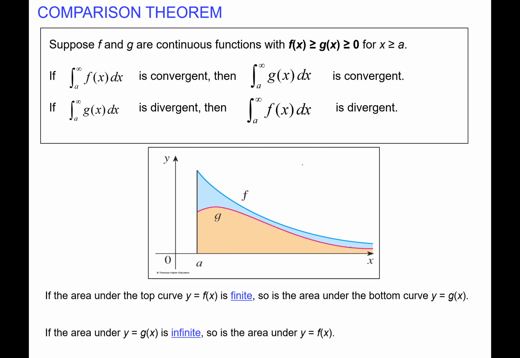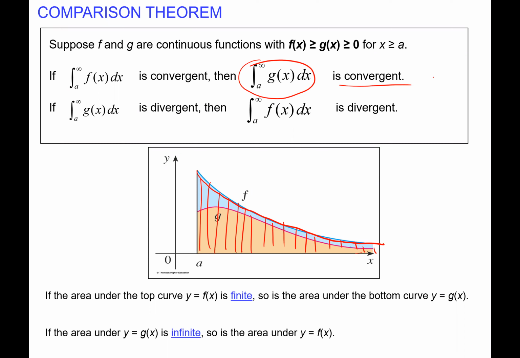So we have the interval from a to infinity. Now, when the integral from a to infinity of f of x is convergent, and we learned that convergent means that area, that number, is finite, then everything below it is also convergent.